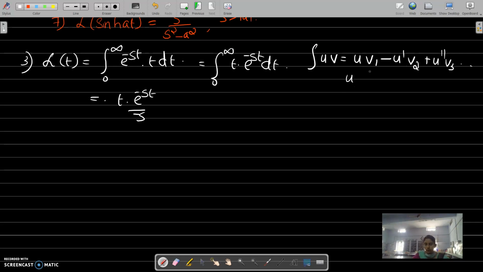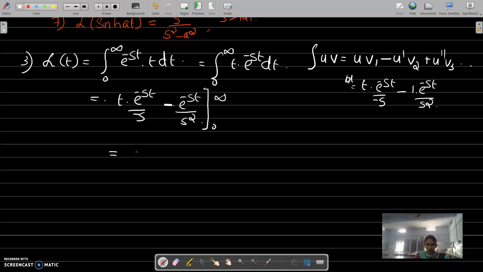Okay, so u v1 is actually here t into e raised to minus st by minus s, minus u dash, which is 1, into v2, which is again the integration, e raised to minus st by s square. In the next term, the derivative of 1, that is u double dash, is 0. So what comes here is minus e raised to minus st by s square, and this is from 0 to infinity actually.